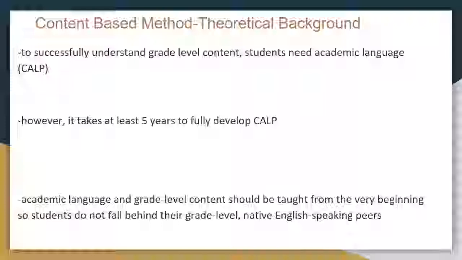The idea was that from the very beginning, grade level content should be taught at the same time as academic language skills. So teachers should find ways to integrate language learning while they're teaching the grade level subjects. This way, English language learners would not fall behind their native English-speaking peers.